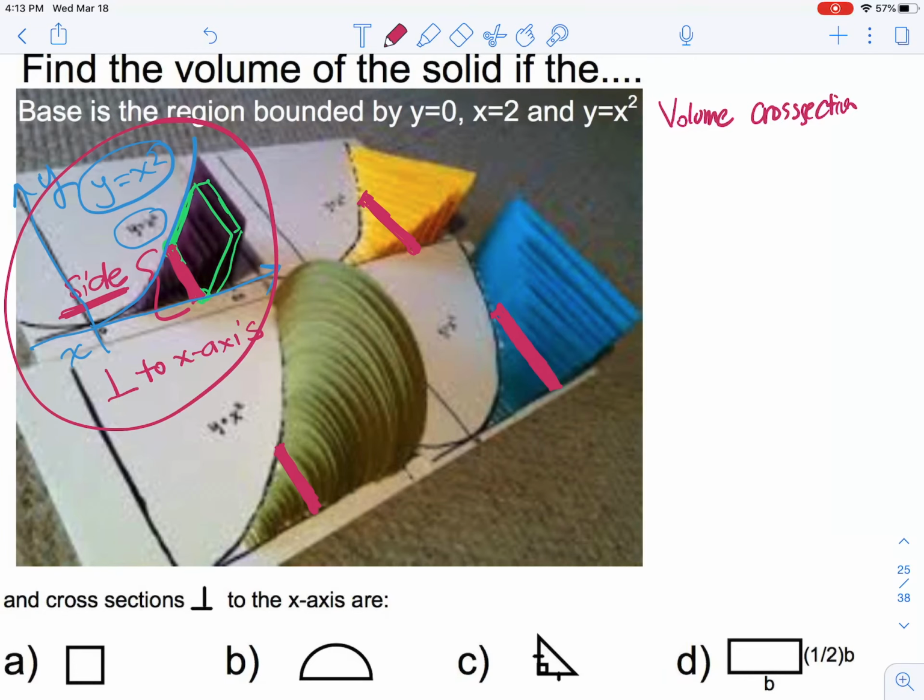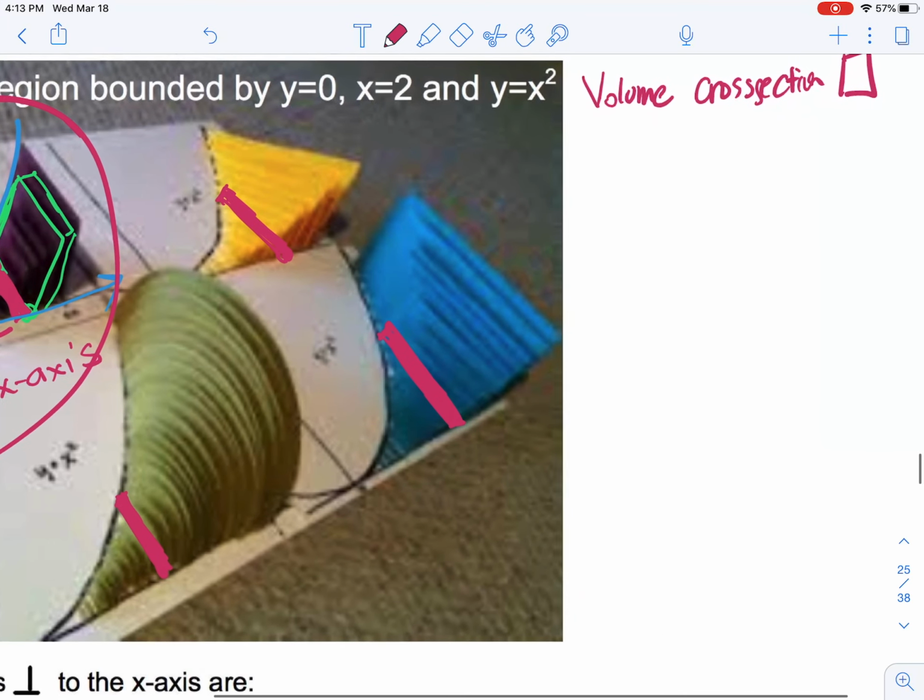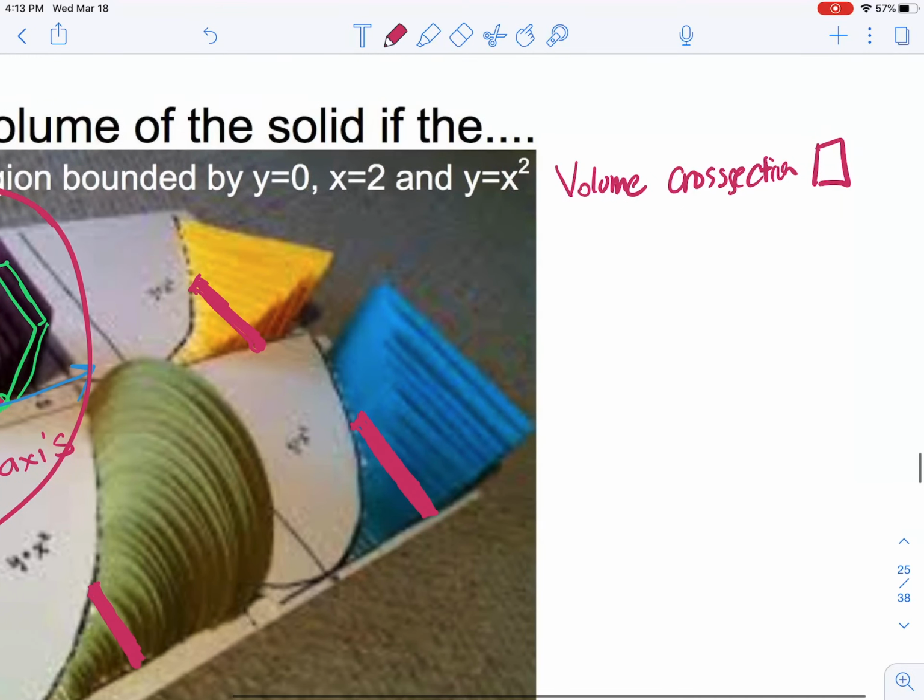The cross-section is a square. I'm going to move over here, give myself some more room. And so the actual volume of that cross-section is like a rectangular prism.